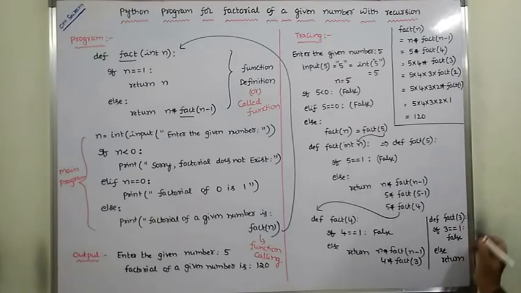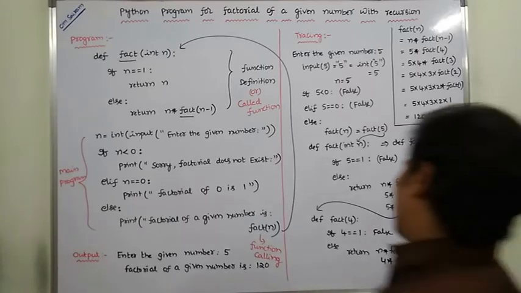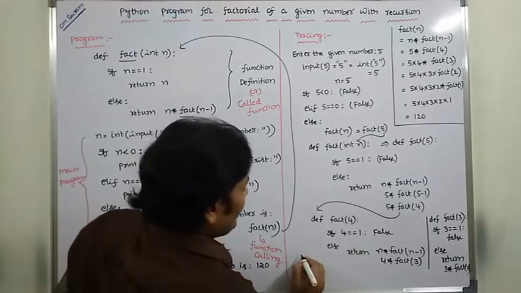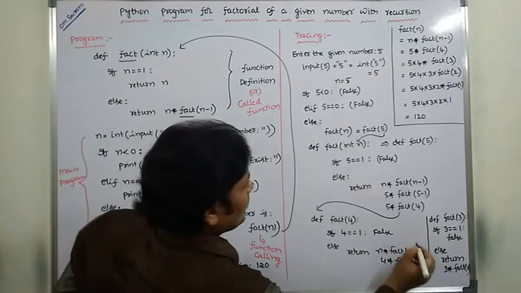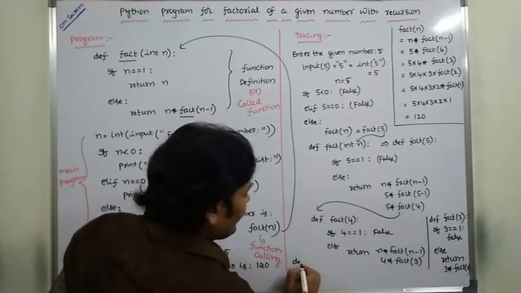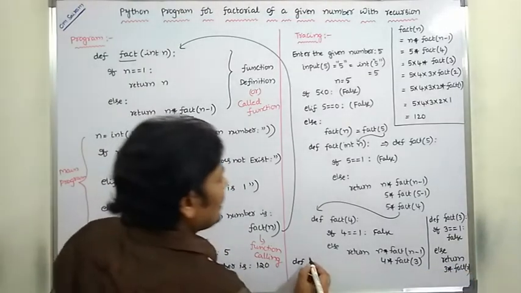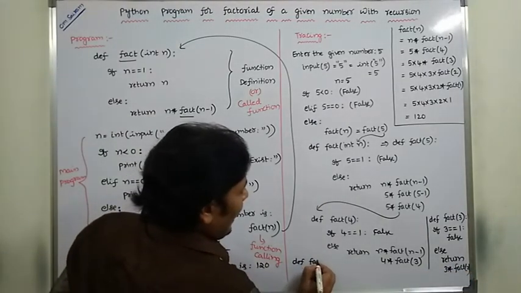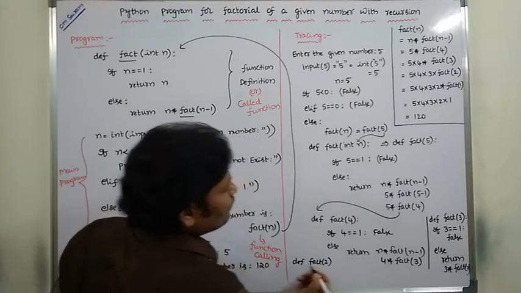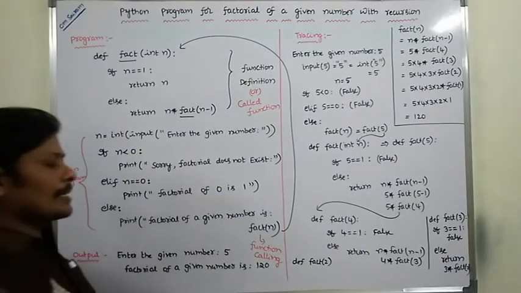The n value is 3, so 3 into fact of n minus 1, that is fact of 2. 3 into fact of 2 is called. After that, the n value is 2, def fact of 2 is called.